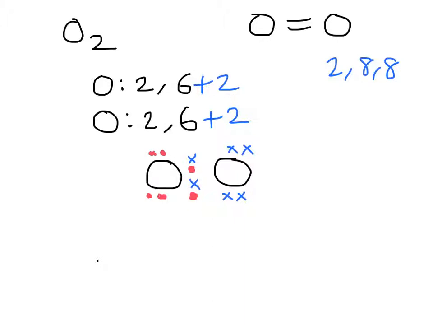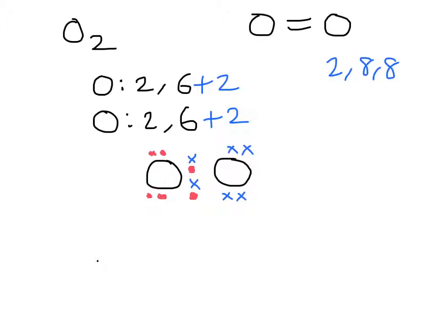Okay, now let's count. This is a useful step before you draw the full dot and cross diagram, because this way you're absolutely sure how many electrons you're going to put in the middle in the shared area, and how many electrons are on the outer shell that's left over. Now if you're just showing the outer shell, that itself is a diagram. You can convert that into a diagram pretty easily.